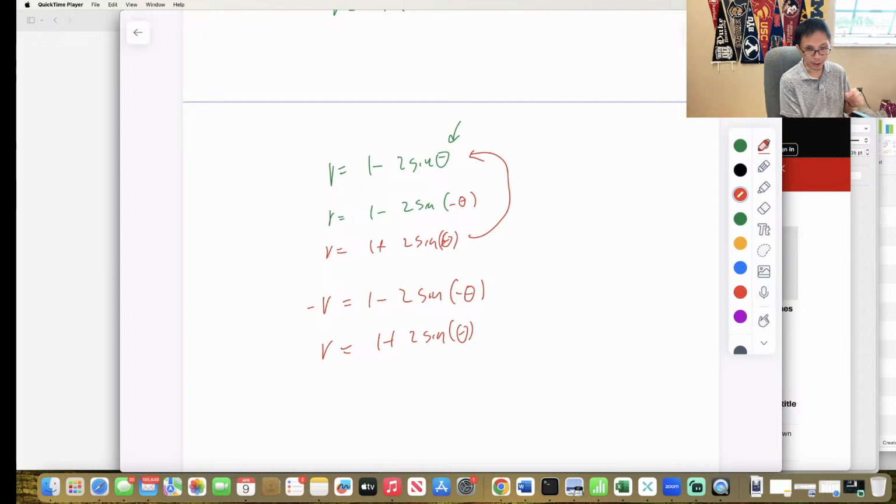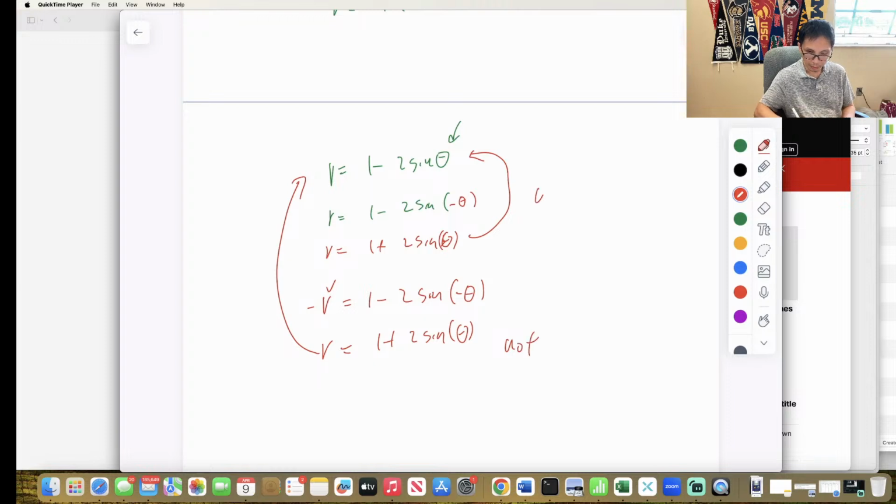So I replaced r with a negative r, and I replaced the 1 minus 2 sine of negative theta. This negative theta becomes positive, so 1 plus 2 sine theta. Is this the same as the original? No, so there's no symmetry.